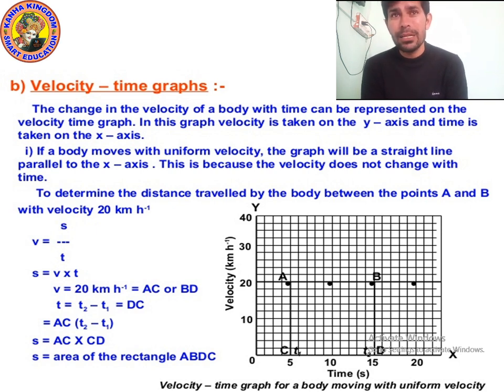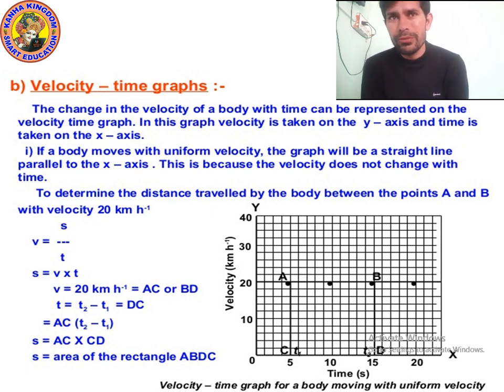We can easily calculate, because you know the formula of velocity is v is equal to s upon t, means displacement upon time. So s will be equal to v into t.